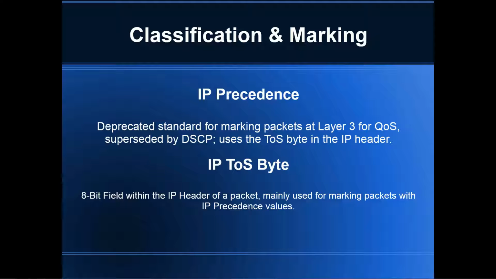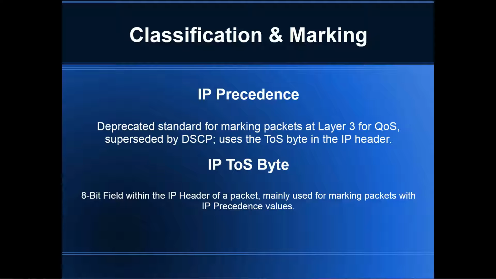Next is our precedence. So our standard for QoS is normally done by a layer 3 PDU, so that we can do our class of service.